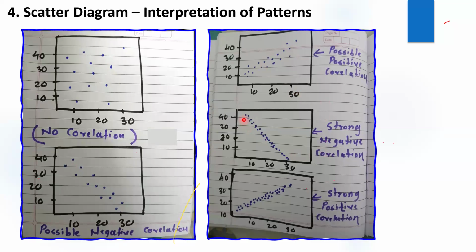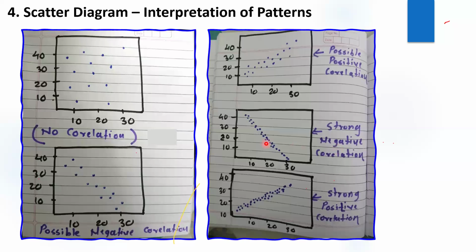But when the dots are very, very near to each other like this, and Y is increasing, X is decreasing, then it is called strong negative correlation. Why strong? Because points are very close to each other.